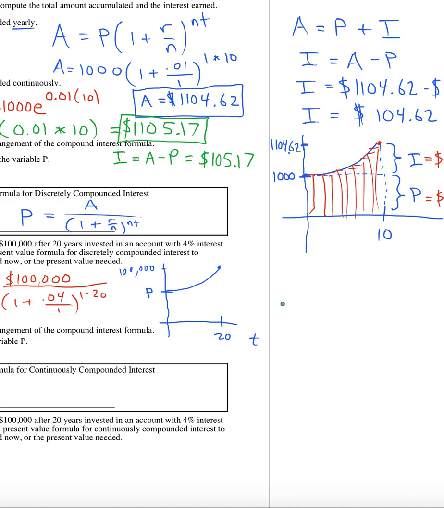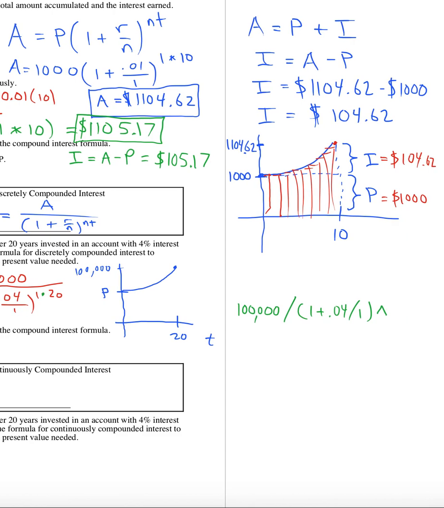You want to type into your calculator 100,000 divided by parentheses 1 plus 0.04 over 1, close the parentheses, raise it to the power of 1 times 20.